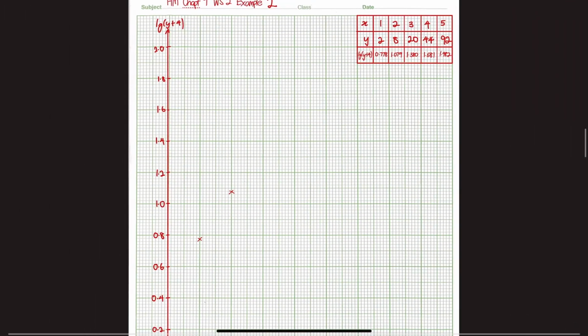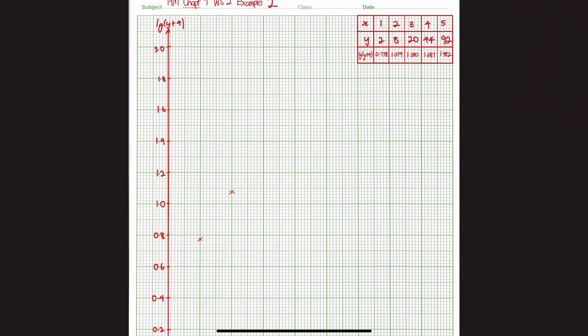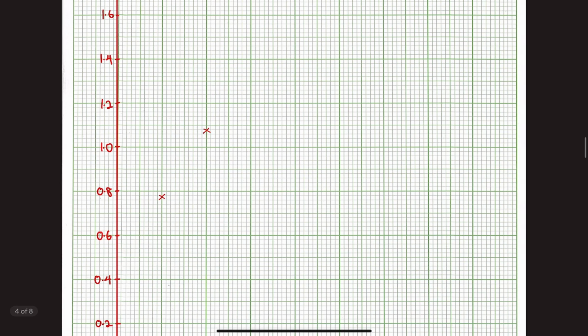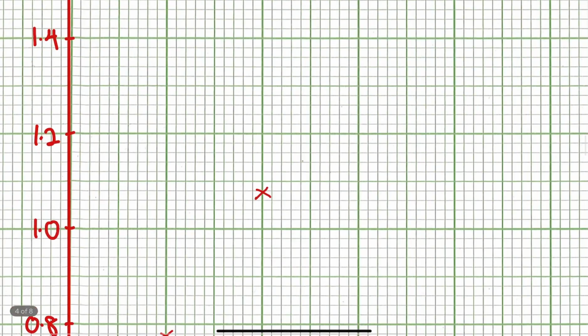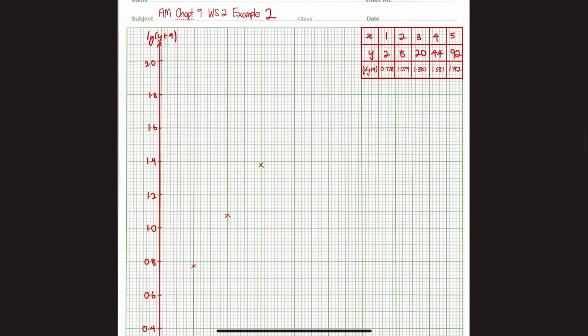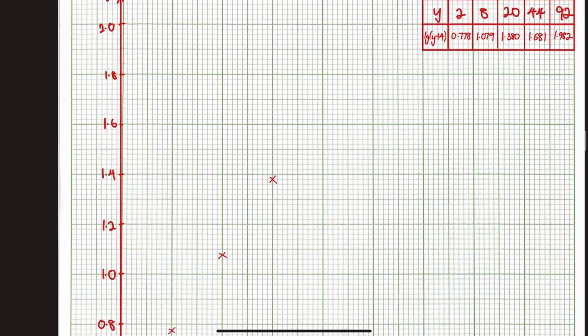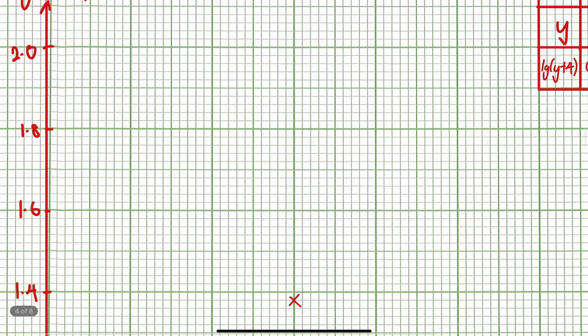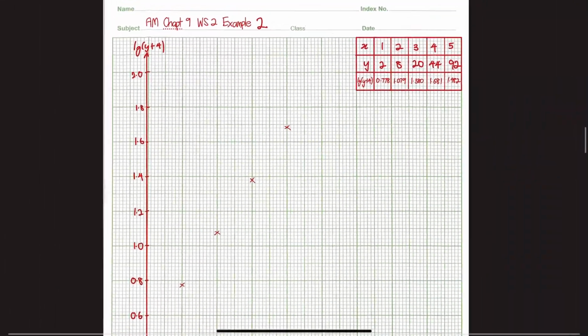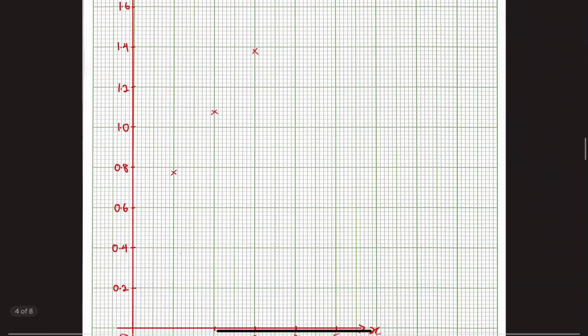It may not be the most accurate, so you will need to estimate based on your graph. 3 is 1.380. 4 is 1.681. Last one, 5 is 1.982.